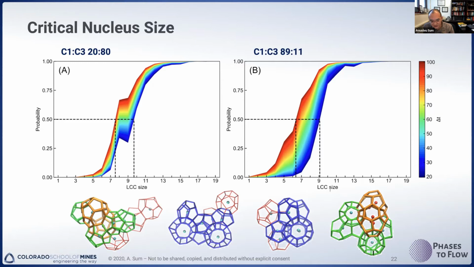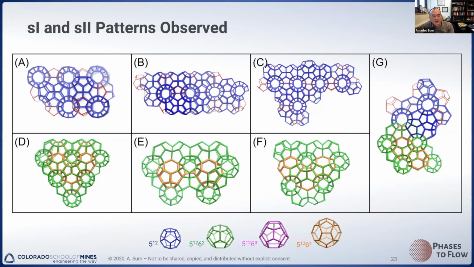And you see here this critical nuclear size in that range of 7 to 9, 8, 9, depending on the systems. And this is again for mixtures that we are talking about. And at the bottom, you have some examples of these critical nuclear sizes at that point of 0.5 probability.